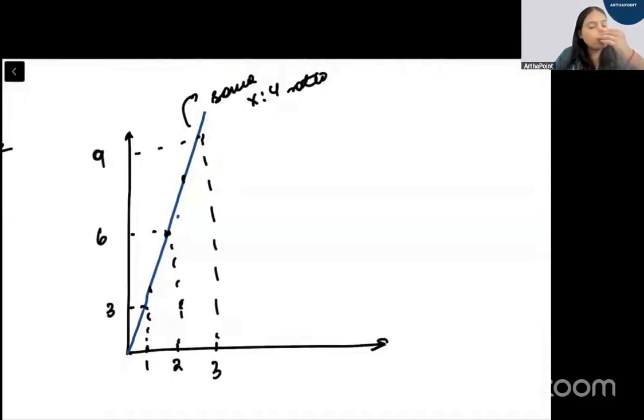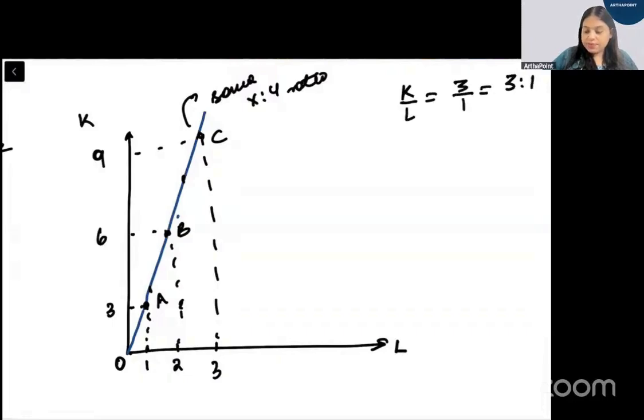तो रे थ्रू द ओरिजिन का ये प्रॉपर्टी है दैट whenever you find out the ratio, तो ratio will always be constant. तो अगर मैं यहाँ पे suppose if I take this as labor and this as capital, तो I am saying that at points A, B and C the capital labor ratio is fixed. So A पर भी K by L is 3/1, which means 3:1.